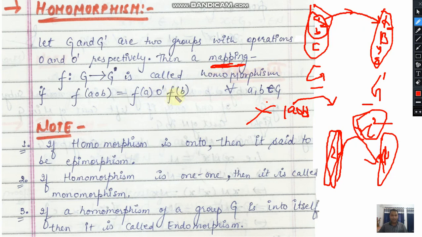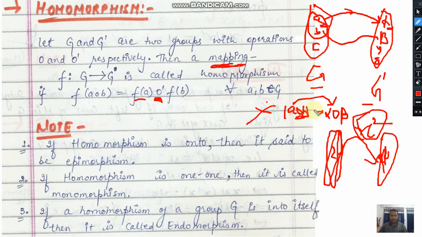Again, this is the mapping of the composition of two different elements. Let us suppose the mapping of B is beta and the mapping of A is alpha. So f of A o B will be equivalent to alpha composed with beta. It is not necessary that the operator is the same in both groups.